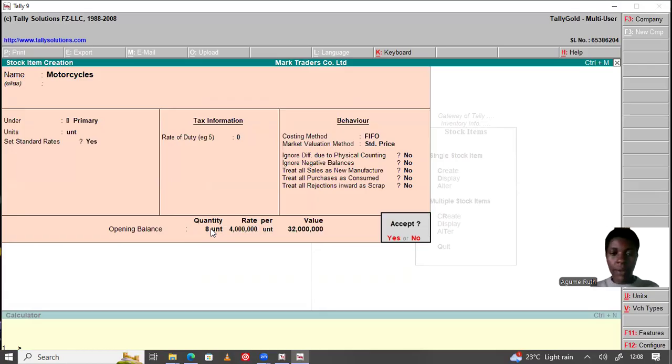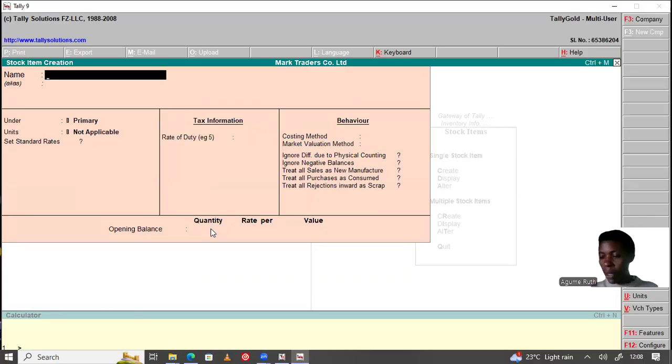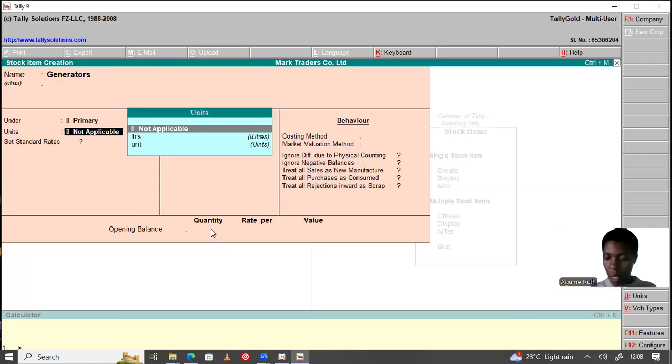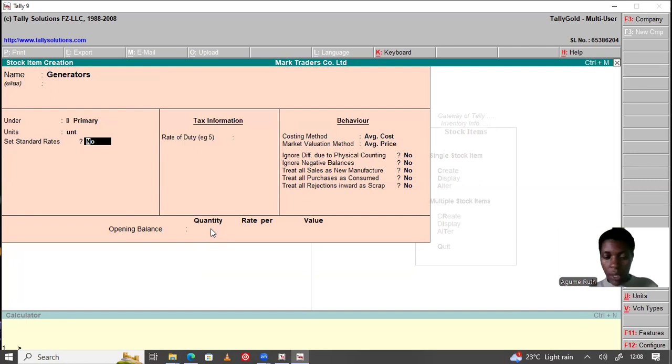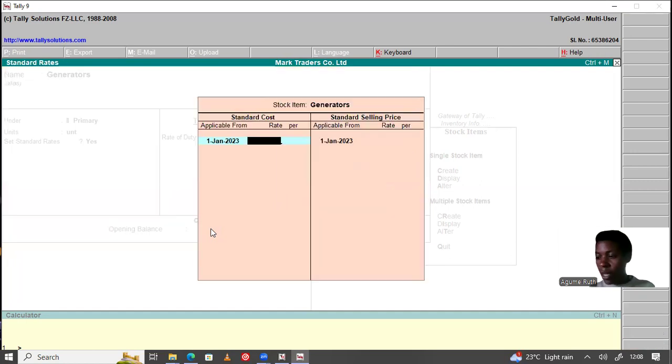And the second one is generators. Then it is in units. I say yes to the standard rates. The cost price is 2.7.